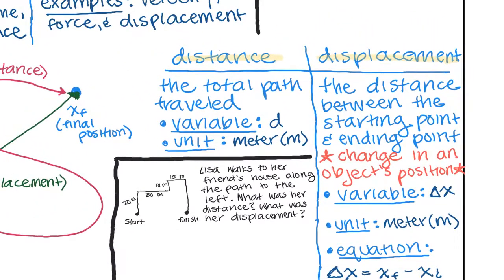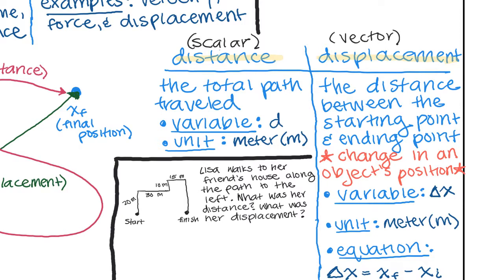Keep in mind the main difference between distance and displacement: distance is a scalar quantity and displacement is a vector quantity.